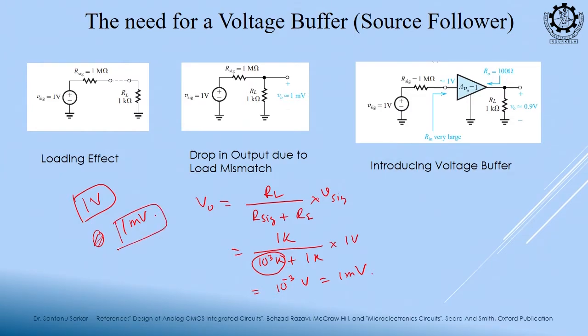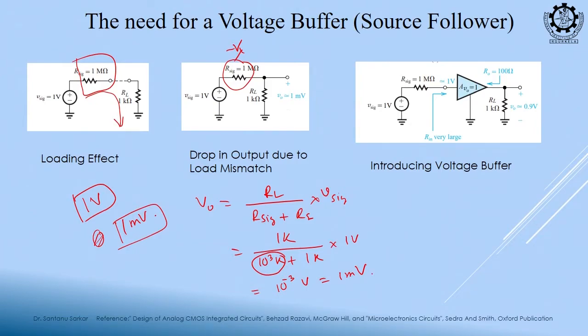So, what do you think, where is the problem? Who is creating the problem? This resistance is quite high. To deliver output voltage, I have to deliver a current, so the drop is happening across this, and that is a subtraction, right.